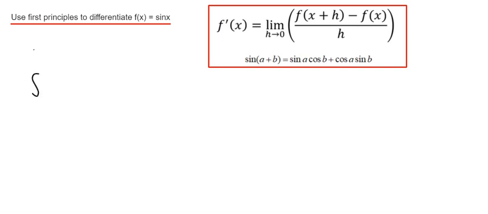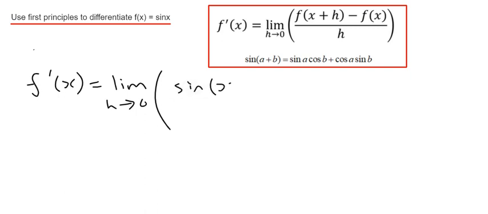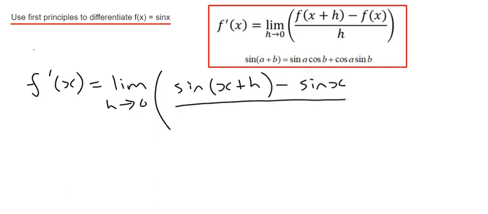Let's substitute our numbers into our formula. We're looking at the limit as h approaches 0, and on the numerator we've got sine of x plus h minus sine x, over h.